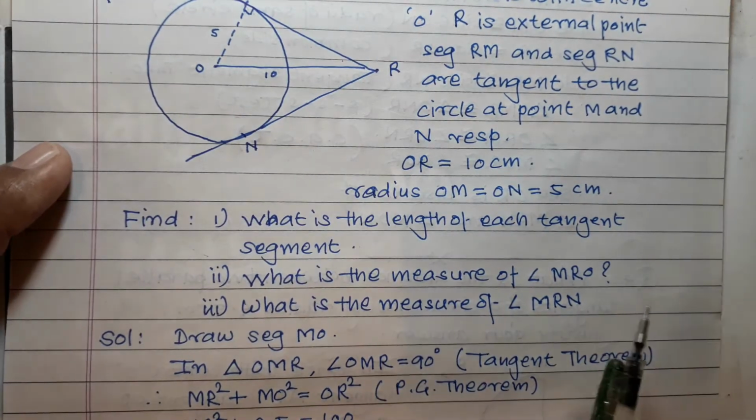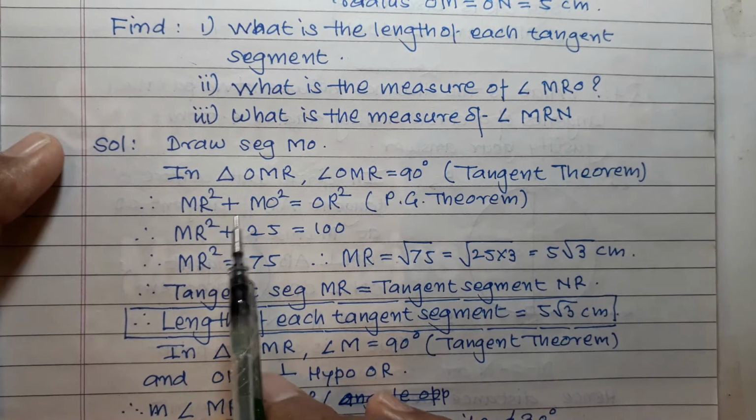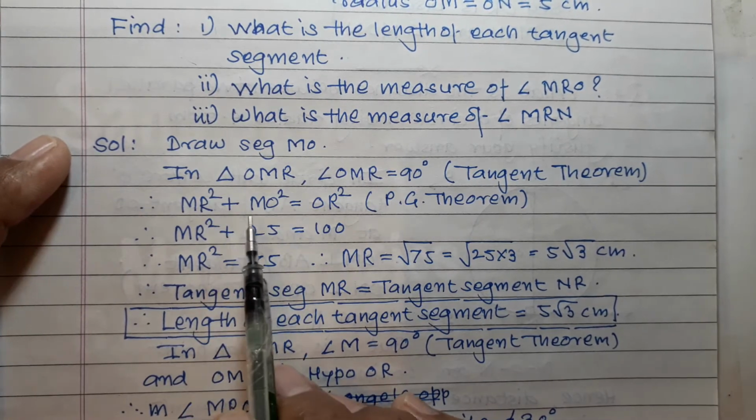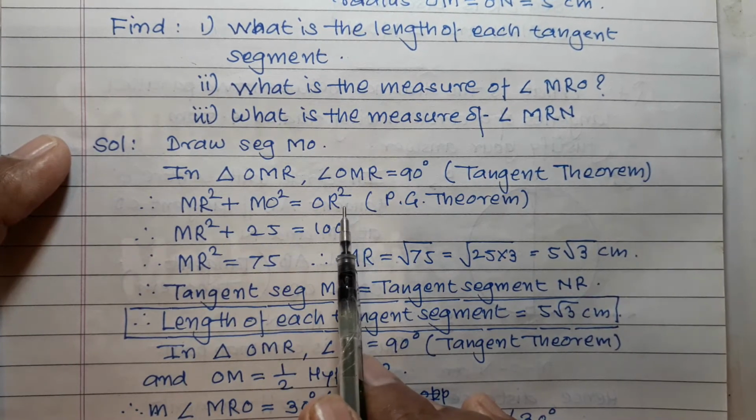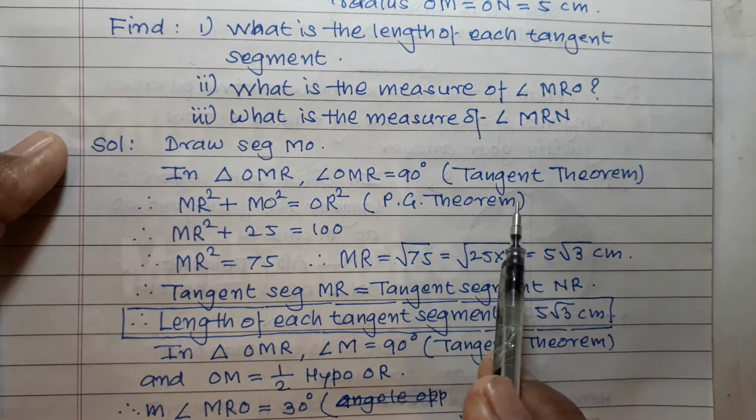So use Pythagoras theorem. MR square plus MO square is equal to OR square. Reason: Pythagoras theorem.